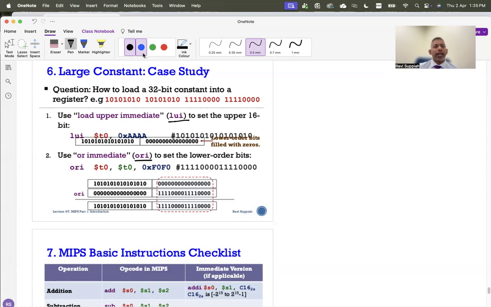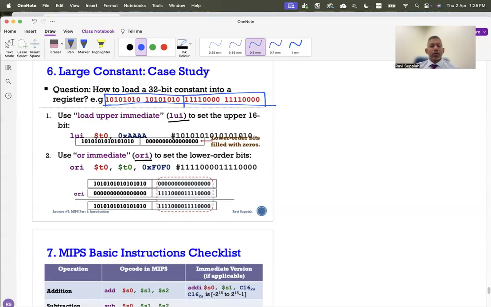If I want to store this full 32-bit pattern, I need to break it up into upper 16 bits and lower 16 bits. So this first instruction will load the upper 16 bits into the register, and the next instruction will load the lower 16 bits into the register.